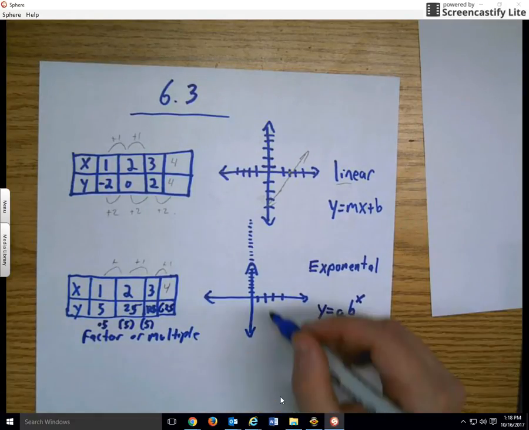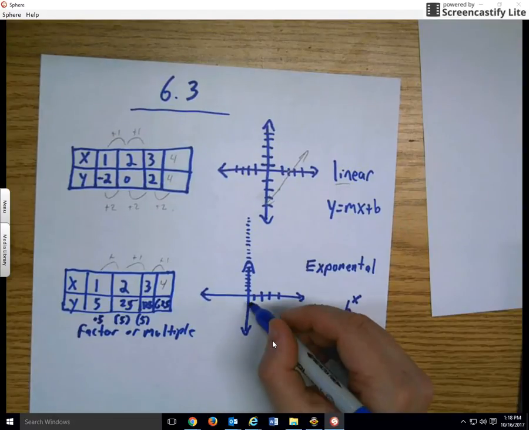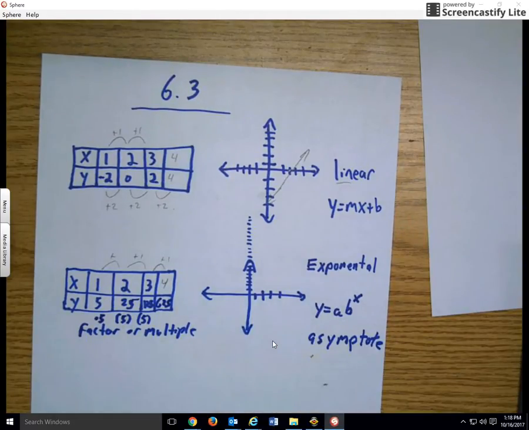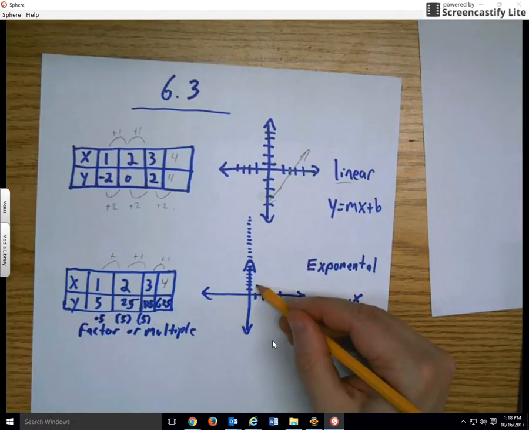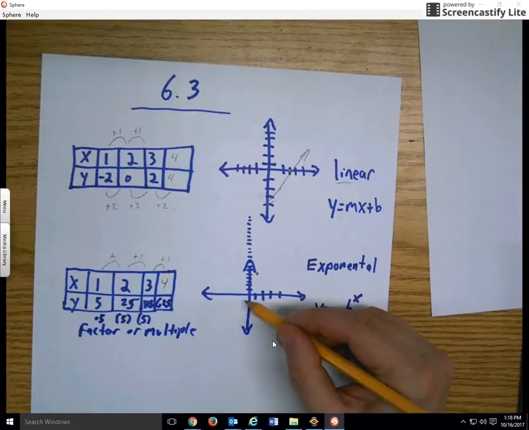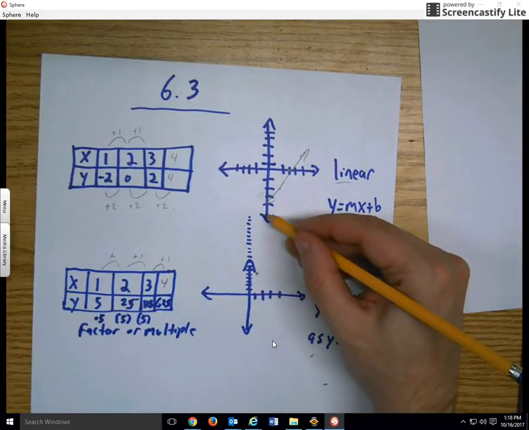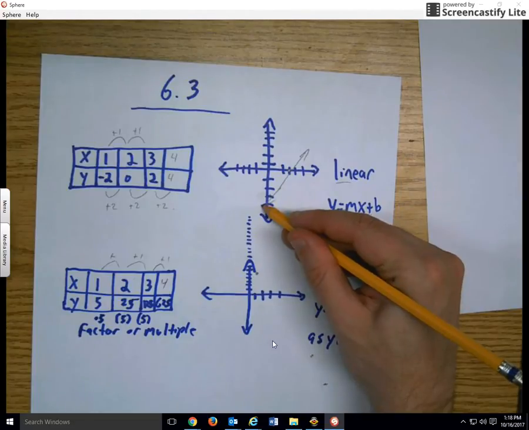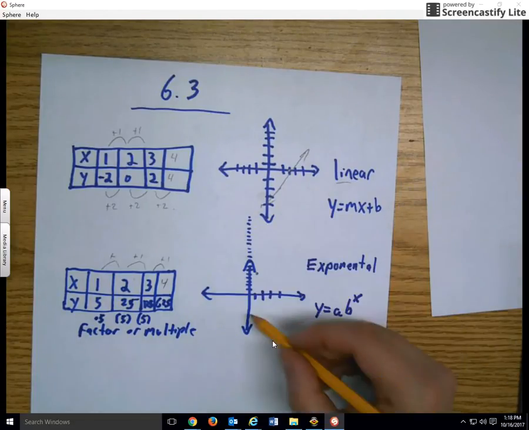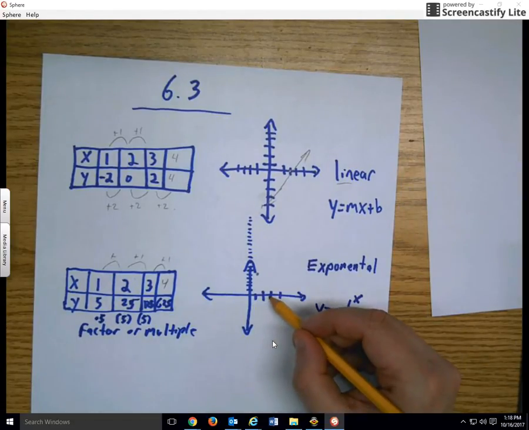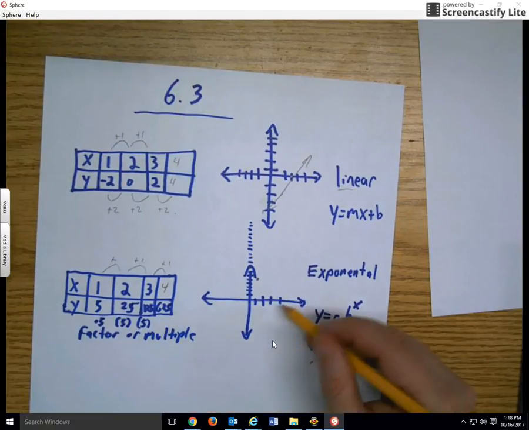If we were to graph that over here, exponentials look a lot different. If x were a 1, y would be 5, so 1, 2, 3, 4, 5, would be right here. But then the next one, if x were a 2, y would be 25. All of a sudden, we're really leaving the screen here. But then if x were a 3, it'd be 125.